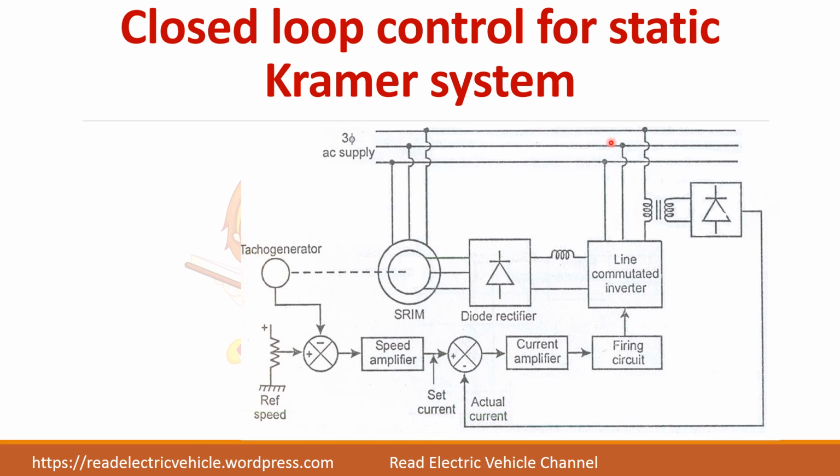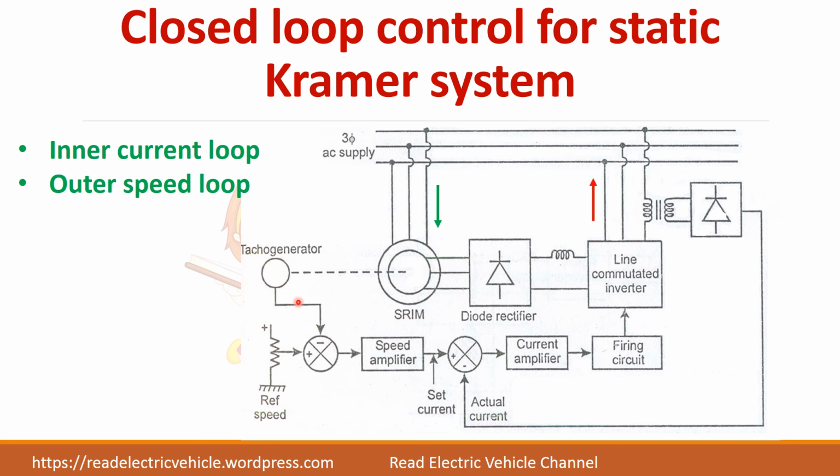This is a diagram of a closed loop control for the static Kramer system. As I told earlier, the power circuit remains the same. You keep the power circuit as such, and now outer you have a speed control loop and inner you should have a current control loop.